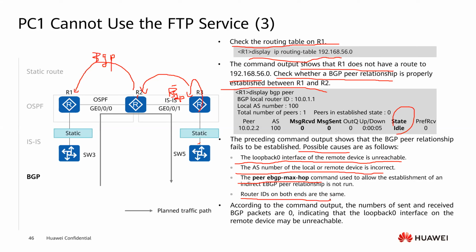It may have different reasons, so we select one of the most possible. According to the command output, the number of sent and received packets is zero, indicating that the loopback 0 interface on the remote device may be unreachable.